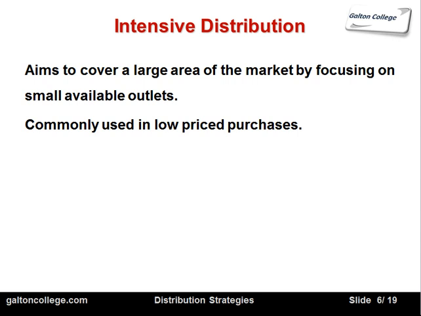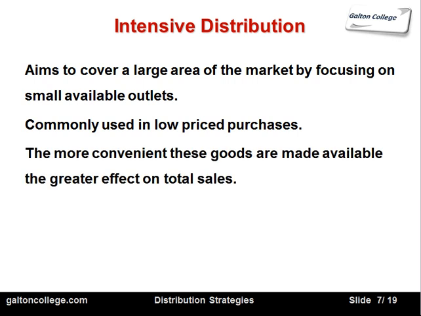So a large market is targeted and lots of small outlets are used. The more conveniently these goods are made available, the greater the effect on total sales. So these are really cheap goods that are made widely available and sold widely, and therefore will have a bigger impact on total sales.